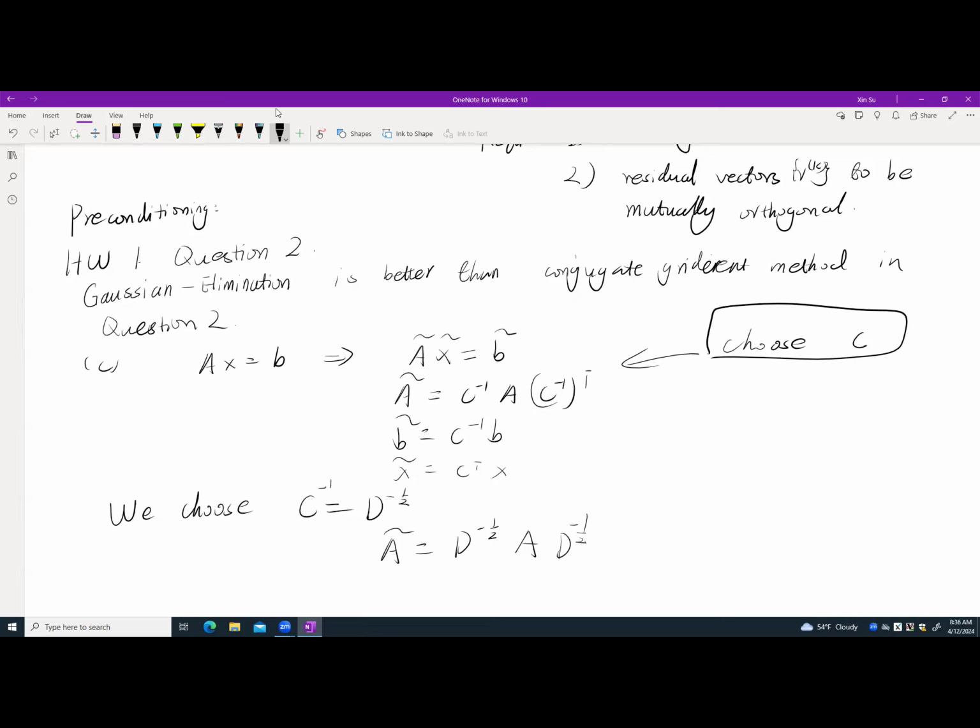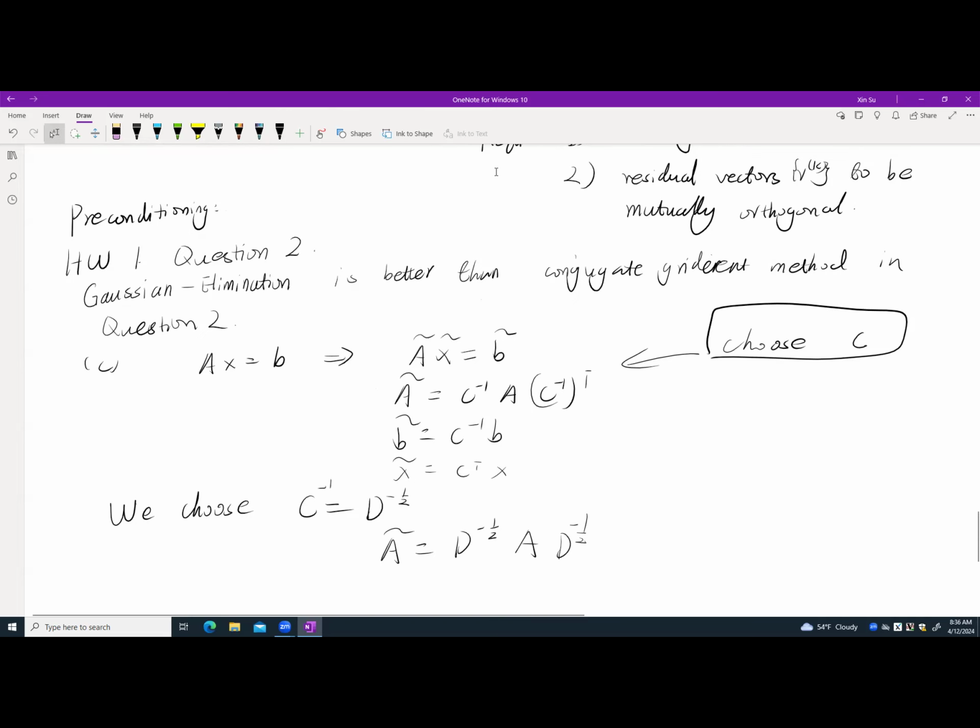If this is a 3 by 3 matrix here, you should have 3 eigenvalues, and the 3 eigenvalues of the A tilde should also be close to 1. So we have a condition number close to 1, and the eigenvalues of the A tilde are also close to 1 as well. You can do some intuitive thinking here, but that is not a rigorous proof.